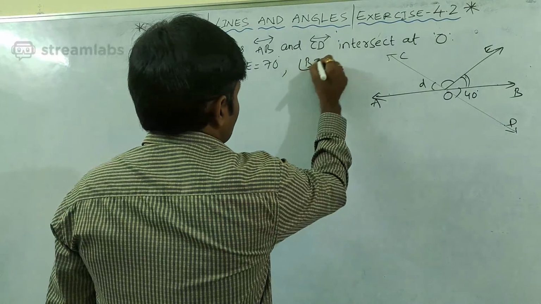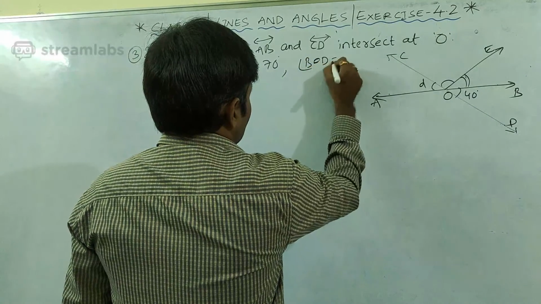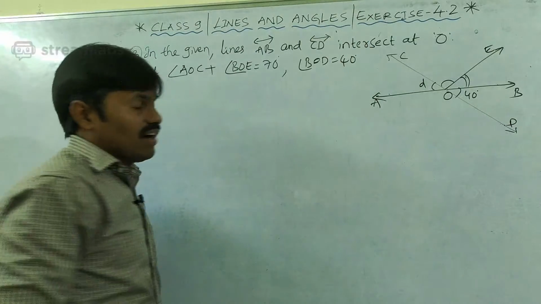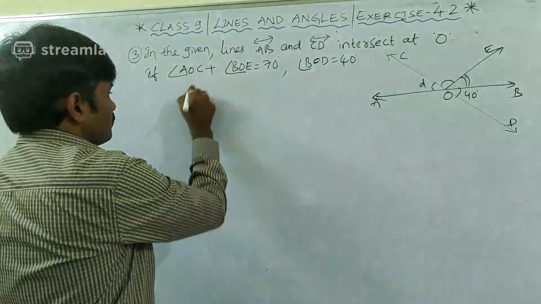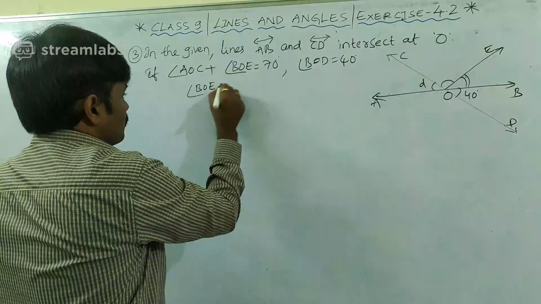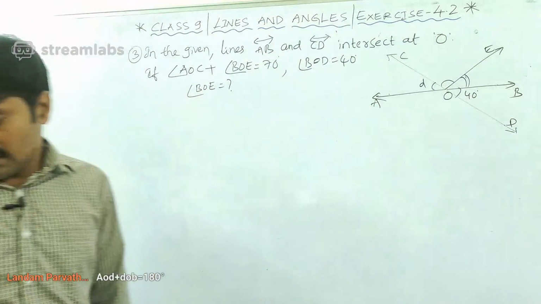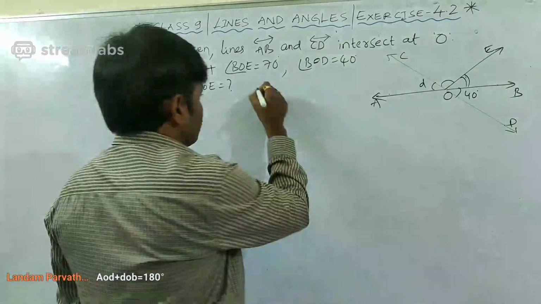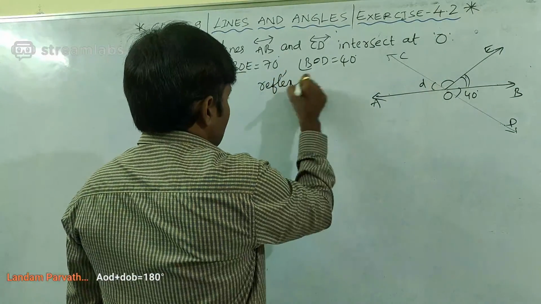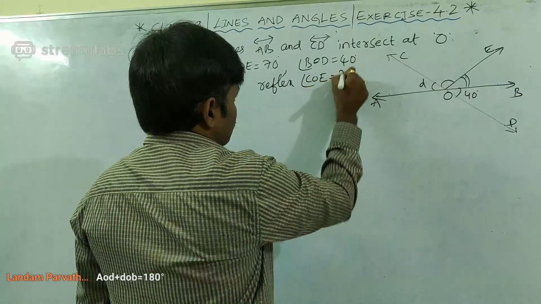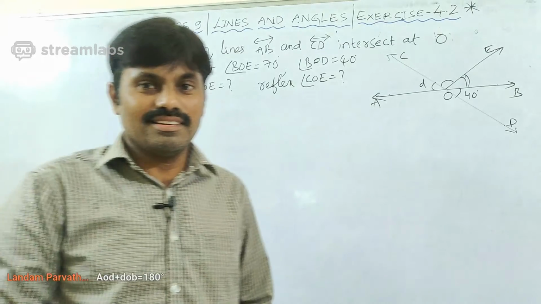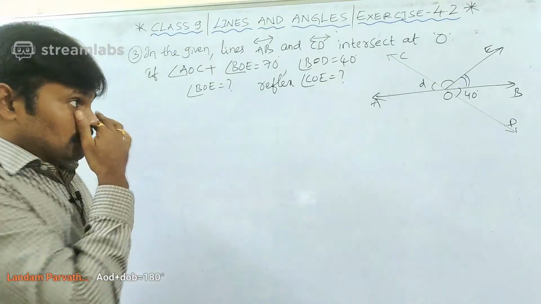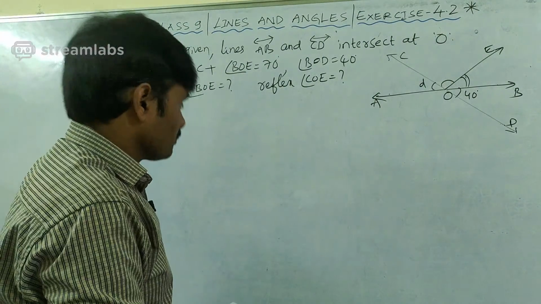I did not write the question in my paper. Angle BOD is 40 degrees. Then find the value of angle BOE and reflex angle COE. Sorry, I have written only half the question in my question paper. Now how to solve it?